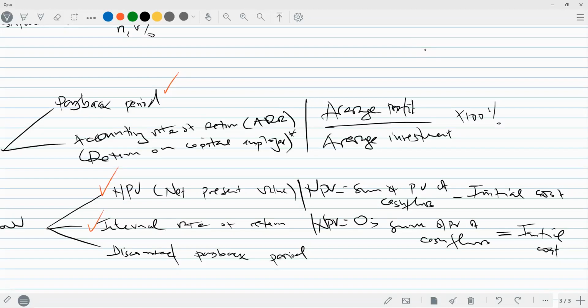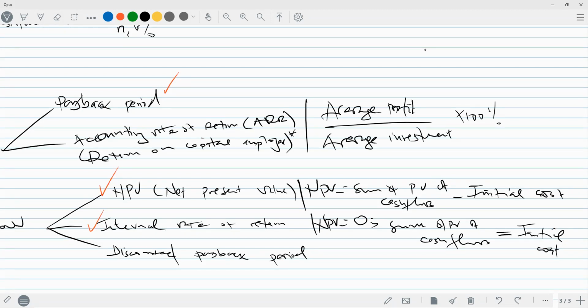We equate. At how much rate? What's the initial investment cost? By how much must we grow this initial investment for us to get to the future value of the cash flows of the project? The simple explanation is that when you equate, the initial cost of this investment is 1 million.